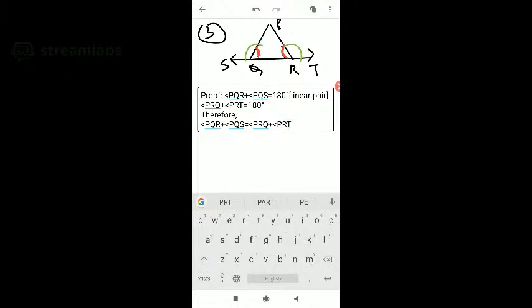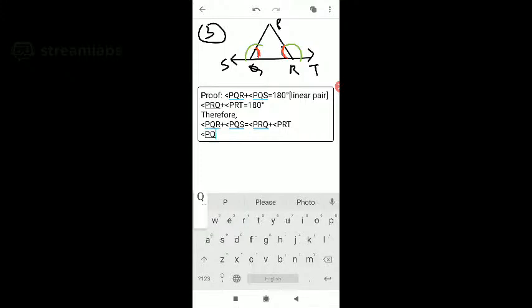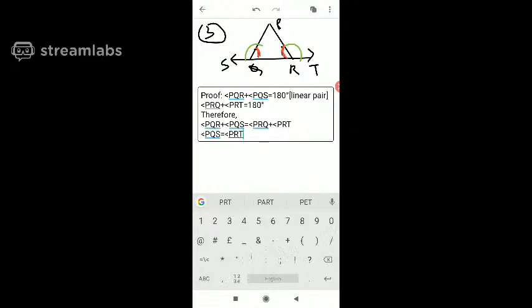So now we can write, since PQR and PRQ equal, it is given in the question. So directly we can write now angle PQS is equal to angle PRT. Why?